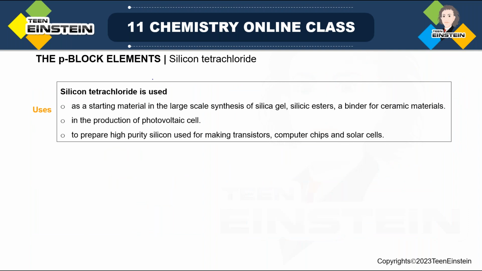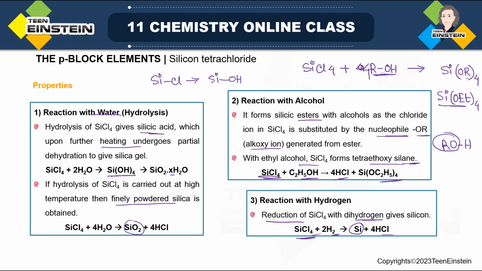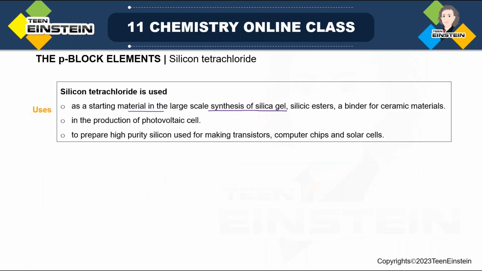Applications. As a starting material in the large-scale synthesis of silica gel. We can use SiCl4 to make silica gel, because in the previous slide we saw two reactions where silica is the final product. Then you can use it to make silicic ester also, which is a binder for ceramic materials.